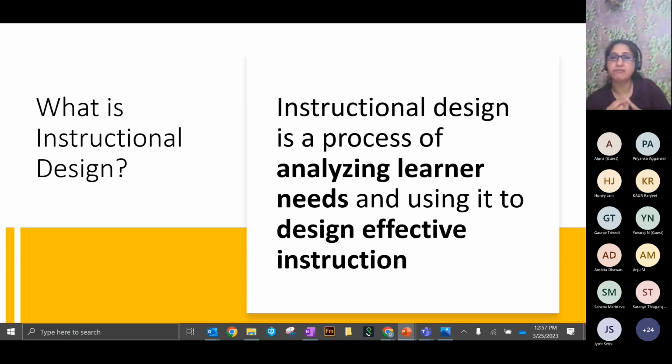You have learners there. Systems could be professional or technical trainings, and then you have soft skill trainings. Okay, so these are all different systems. Now, within each system, you're designing instruction, and if you intend to design it effectively, that is where instructional design comes in handy.